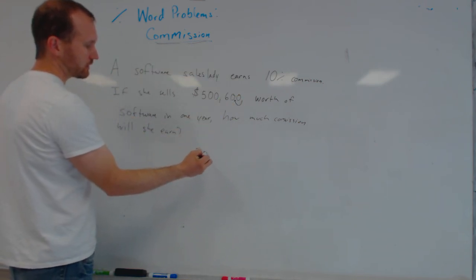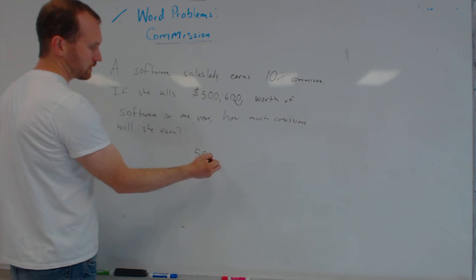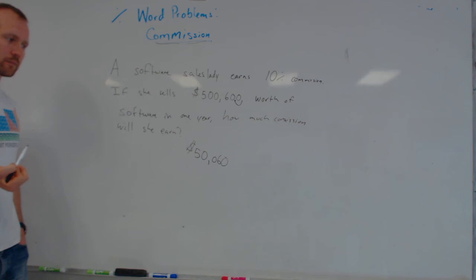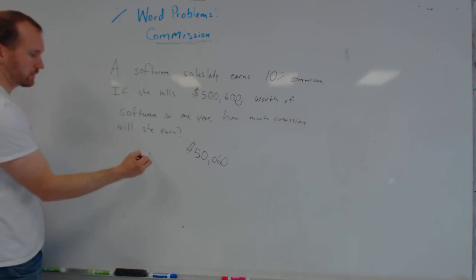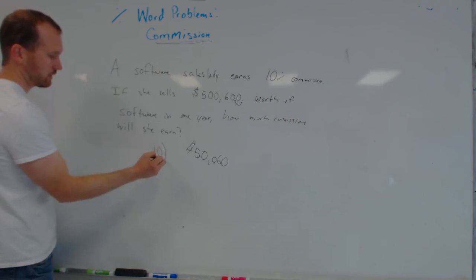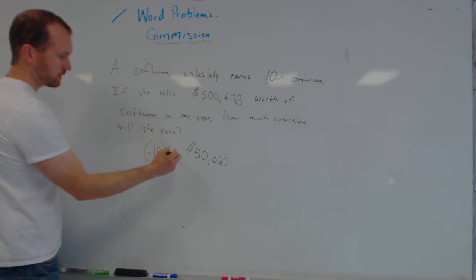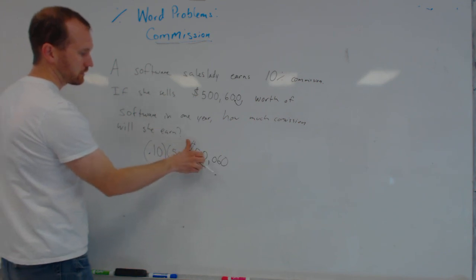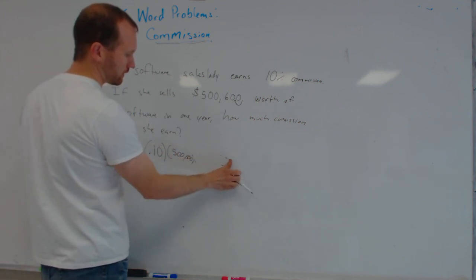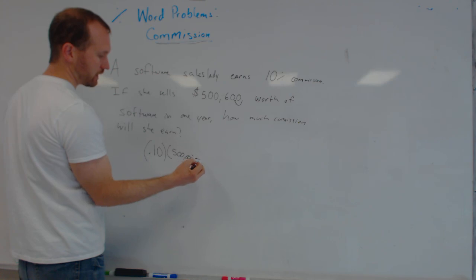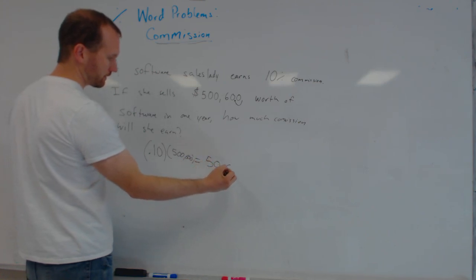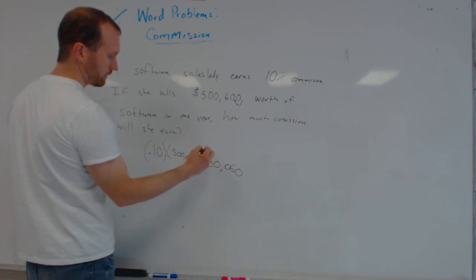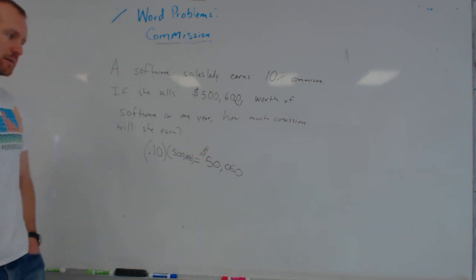So it's $50,060. Or 0.1 times 500,600, just multiply those together. So you earn $50,060.